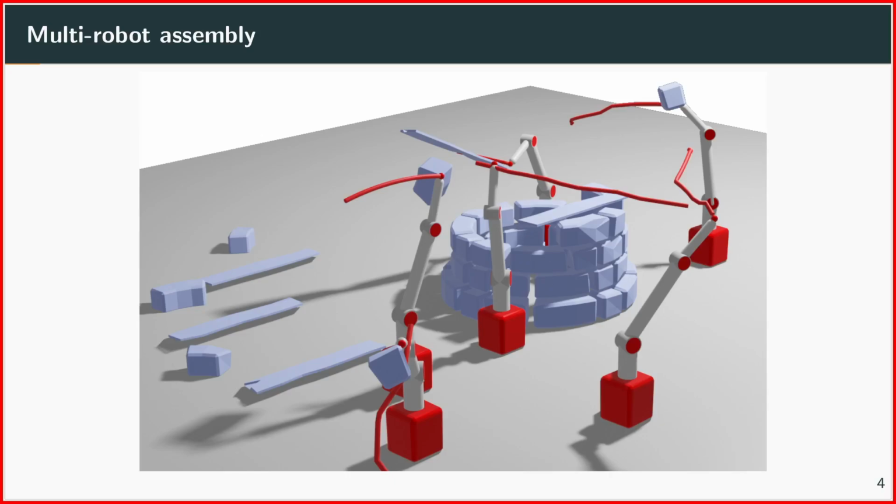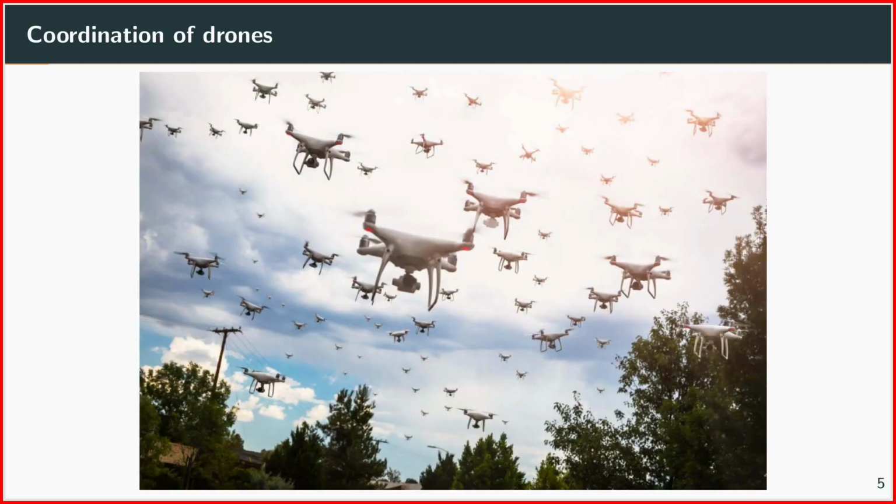Then, for example, if we have assembly tasks where robots have to assemble a small building or something, then the robots have to work together in some cases, and also they have to not collide with each other or the environment. And, of course, if you have a large fleet of drones, multi-robot planning becomes important, because now you also want to control them all and not collide with each other.